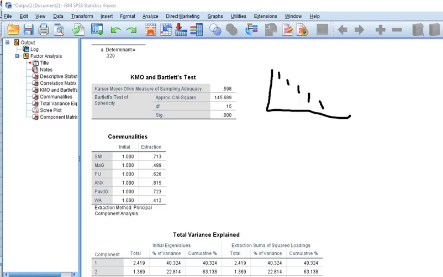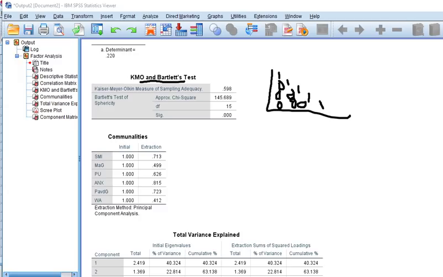If those correlations were around 0 or near 0, then trying to run a components analysis, or even exploratory factor analysis using something like components analysis, is pretty irrelevant. You have to have a matrix that is reasonably factorable in order to perform the analysis and have it make any kind of sense. So these indices are getting at that particular question.